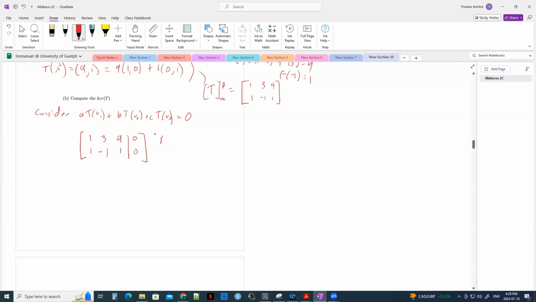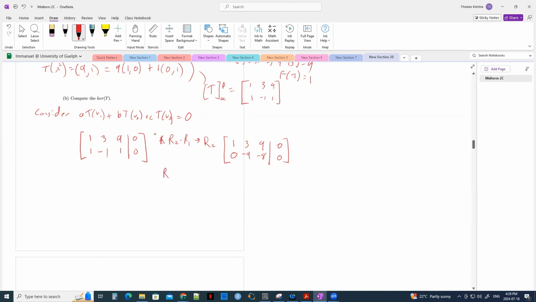by taking R2 minus R1, replacing R2, to give us 1, 3, 9, 0, and 0, -4, -8, 0.